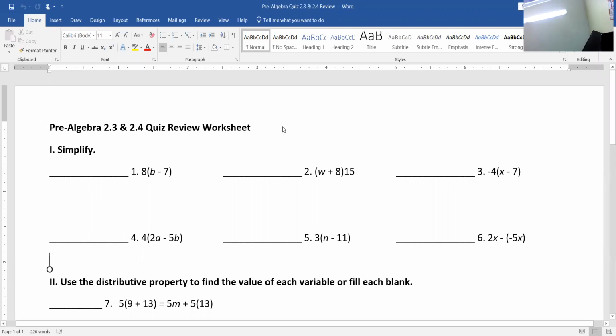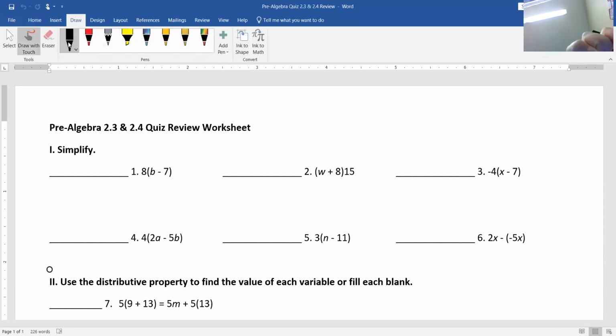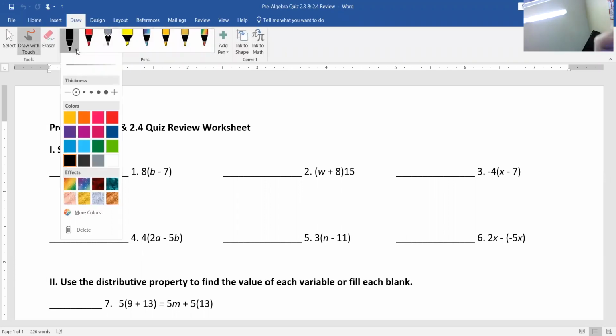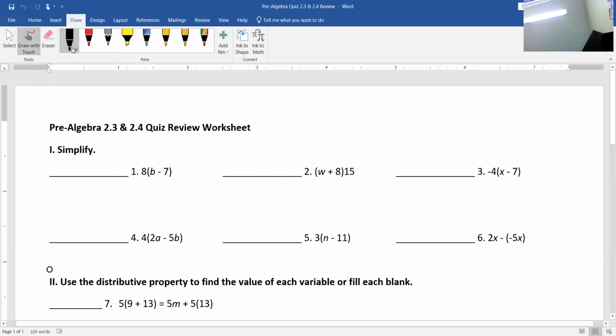Okay, let's see here. All right, so section 1 is asking us to simplify, and they're wanting us to use the distribution property. So this should look fairly familiar. We have 8 times b minus 7. So when you distribute, that becomes 8 times b minus 8 times 7.